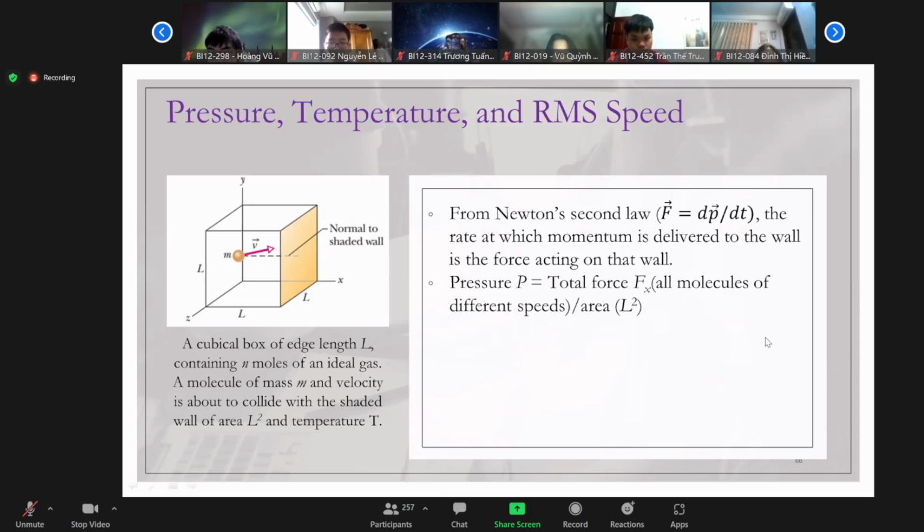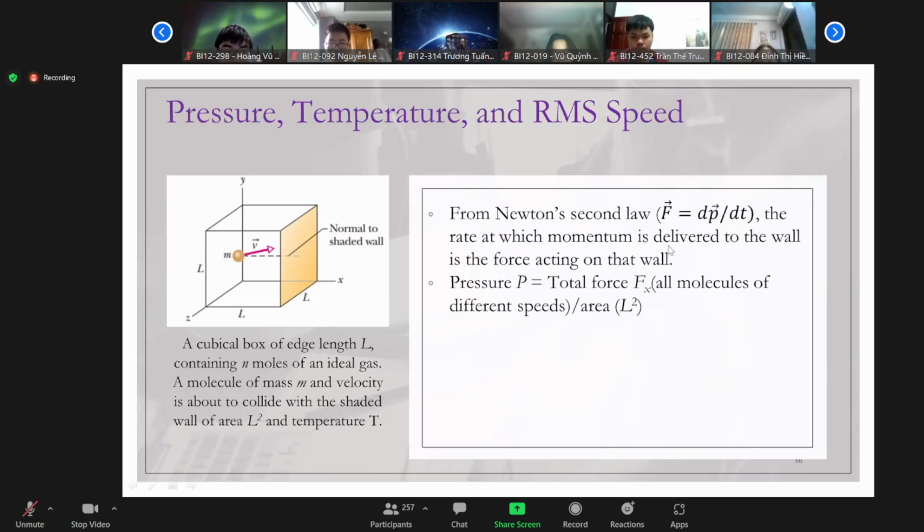The pressure is actually the total force of all molecules of different speeds applied to an area. So the ratio between the force per area will give us the pressure. Do you remember? Here, what do we have? The area is L squared.